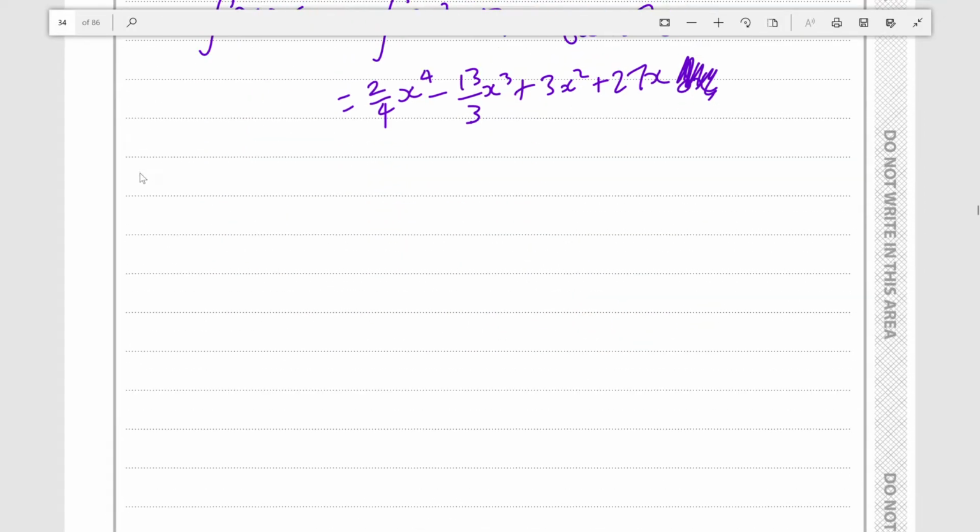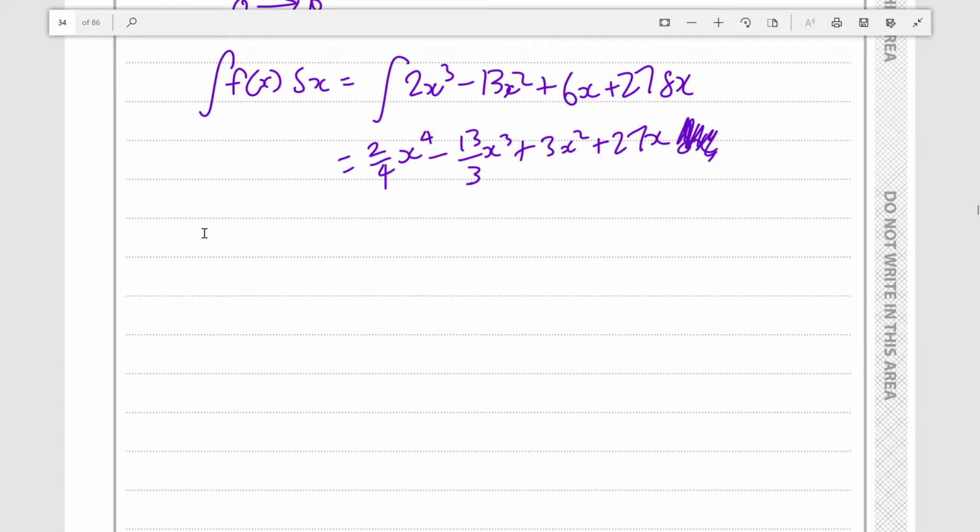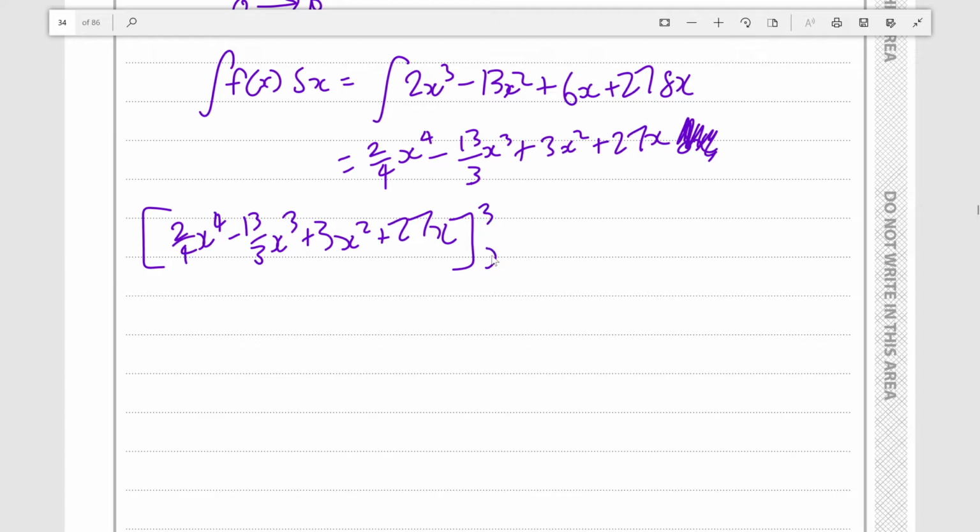So we want to find the bounds of this function from 3 to 0, and then minus the bounds of this function from 9 over 2 to 3.